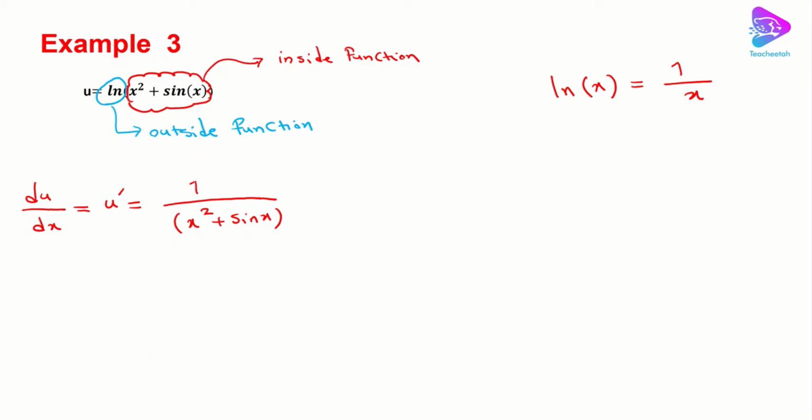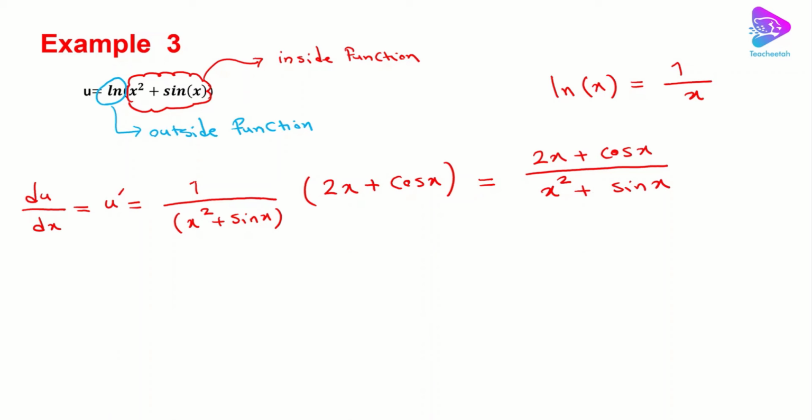And now it's time to take the derivative of the inside function, which is 2x plus cosine x. So the final answer for this problem is (2x plus cos x) over (x squared plus sine x).